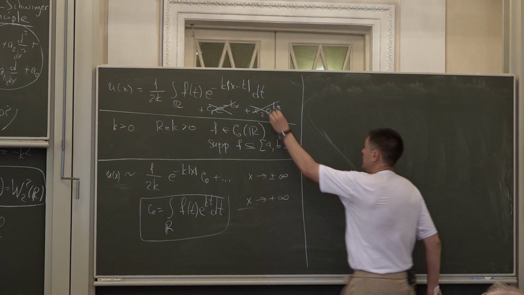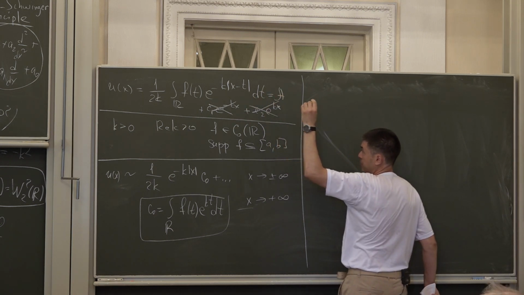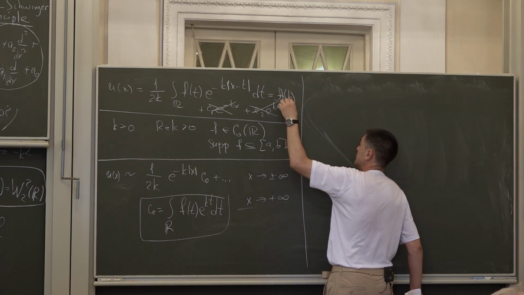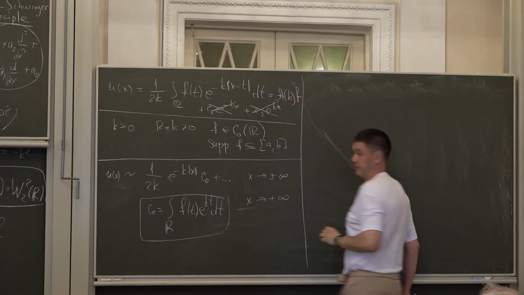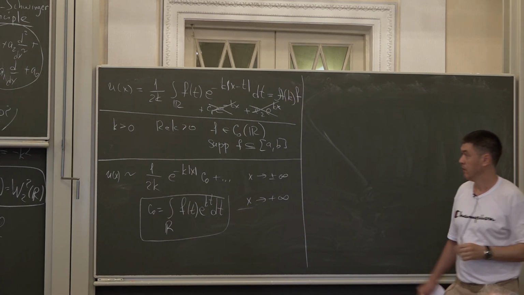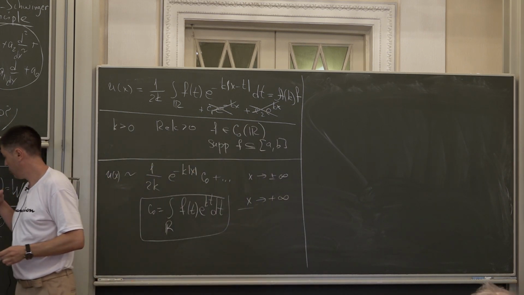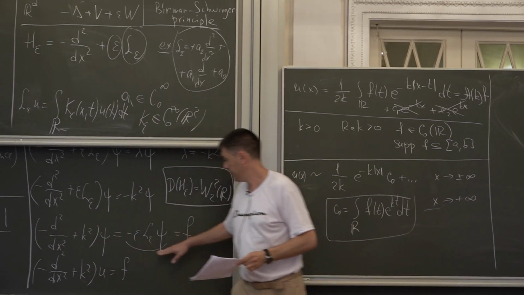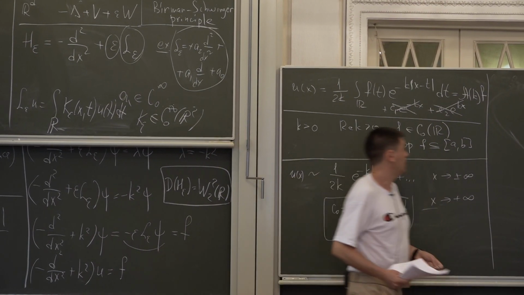So I denote this formula, so I shall regard this expression as some operator depending on k acting on f. I can do it, why not? And in terms of this operator, I can solve this equation which I got before in the following form.